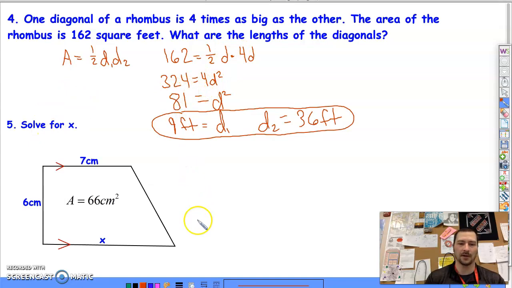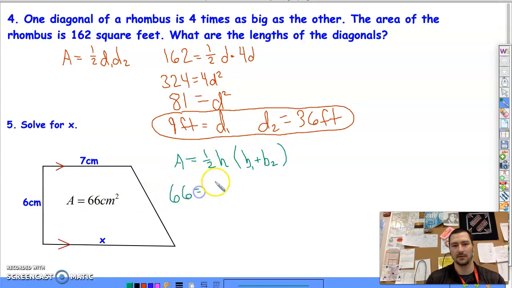Here we have a trapezoid, and we're supposed to be finding this base. Again, area of a trapezoid: start with the area, 1/2 height times base plus base. The area we know is 66. Our height is 6, so 1/2 of 6, probably put parentheses there, times our bases added up.